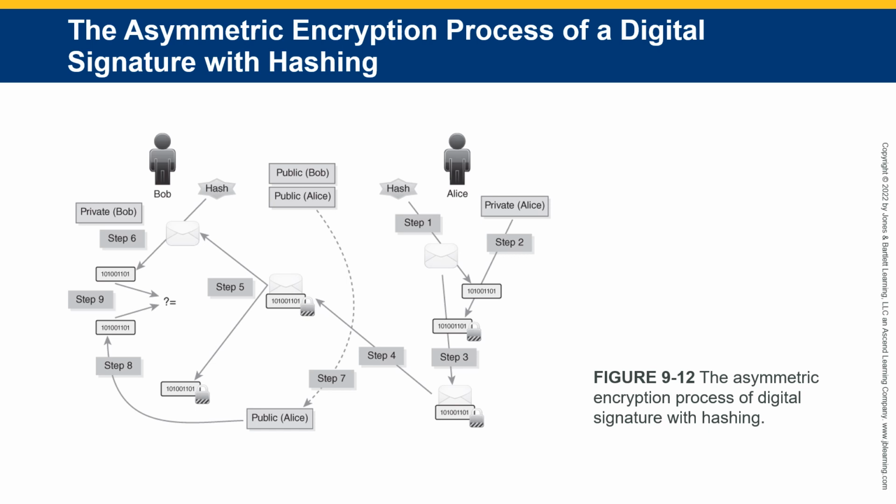Bob then gets it sent to him, and he looks at the hashing message and hashes it with the same hash that they have, and goes to step 6. They validate it and decrypt it with Alice's public key, and so they validate that the 101.001.101 is the same on both sides.